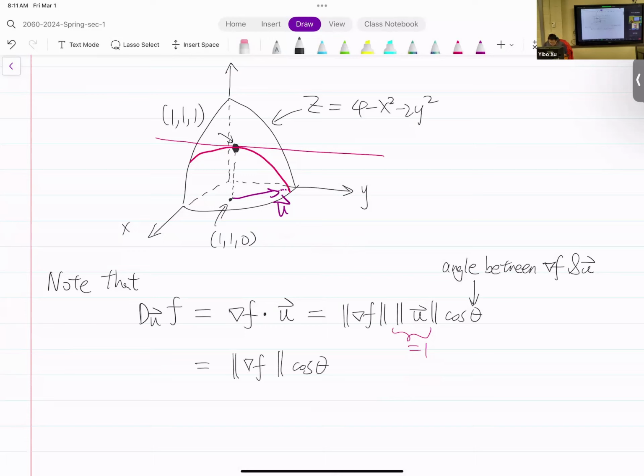And of course, if theta is pi, then cosine is the most negative, right?